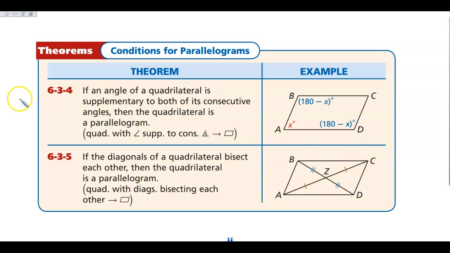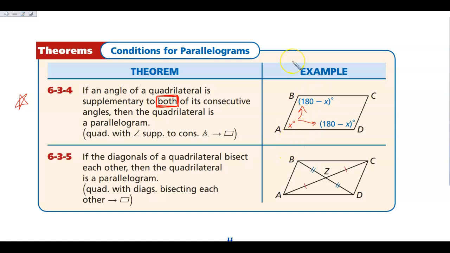All right, with this one, we're going to star this one too because there is one important piece. So yesterday, or in yesterday's section, we said if we have a parallelogram, then its consecutive angles are supplementary. A key word here is the word both. So we have to have an angle supplementary to both of its consecutive angles. So x has to be supplementary here and to here.